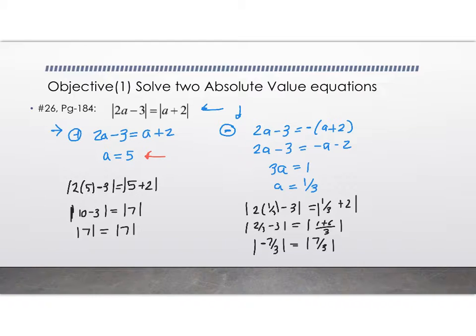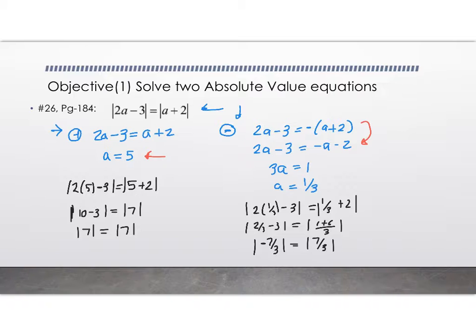But this time around, it's 2a minus 3 is equal to negative parentheses a plus 2. Everything on the left-hand side is multiplied by negative 1. We distribute the negative 1 and we get 2a minus 3 is equal to negative a minus 2.